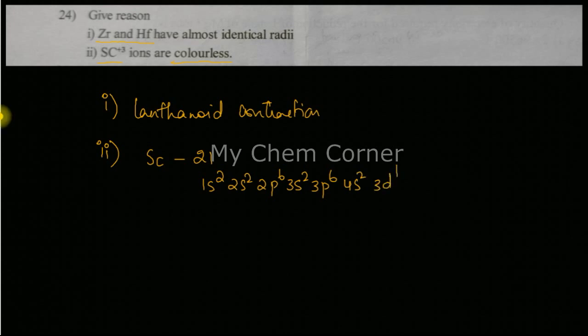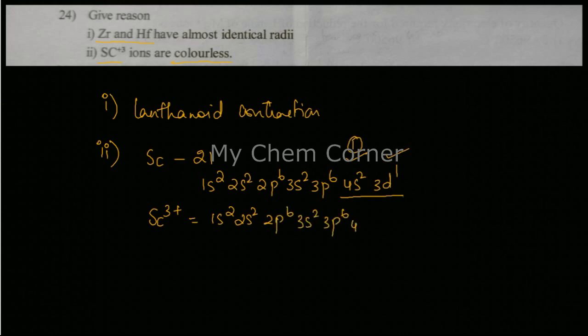Alright, now what will happen is when I want to form a Sc3+ ion, which means I need to remove 3 electrons from the element. So the last orbitals in which the electron entered are these two. First the electron will move out from the 4s orbital, then it will move out from the 3d orbital. So first let's take it out from the 4s orbital. 4s has 2 electrons, so that will become 1s2, 2s2, 2p6, 3s2, 3p6.